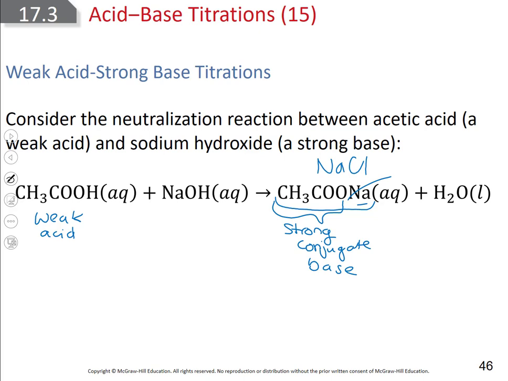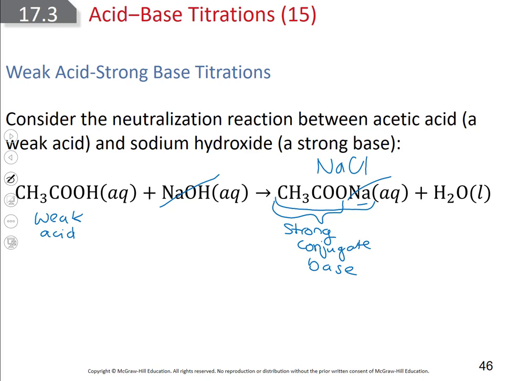But at this point, we have to worry about not just what the products are, but also what point of the titration we are at. Just like with the strong acid, strong base, before the equivalence point, the base is our limiting reactant. Sodium hydroxide is our limiting reactant, and that will go down to 0, and what I'm left with is leftover acetic acid and leftover sodium acetate.